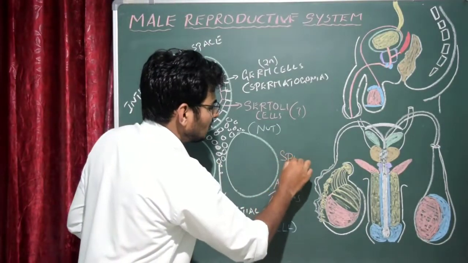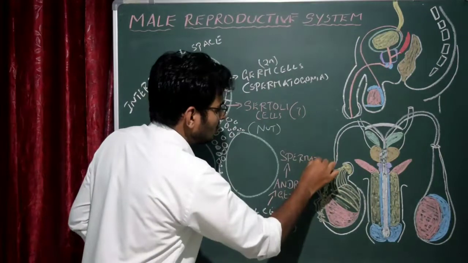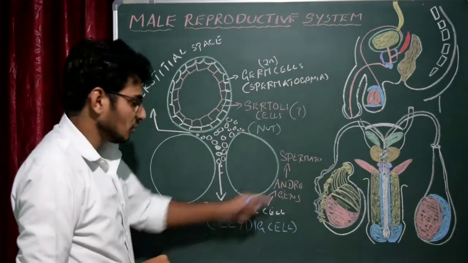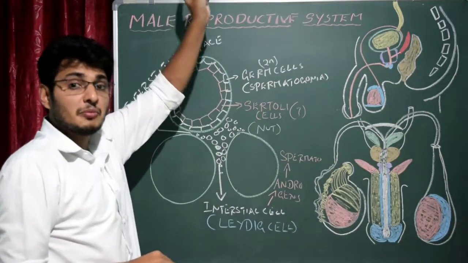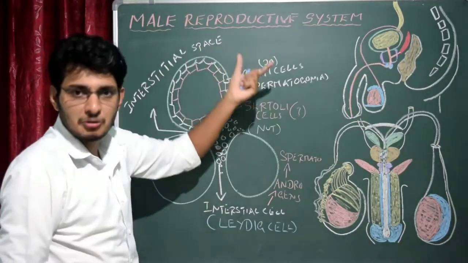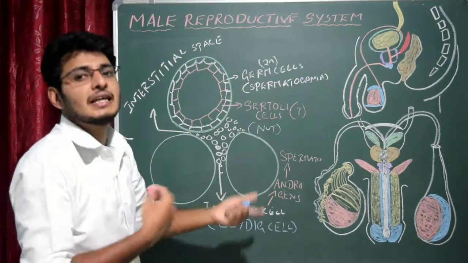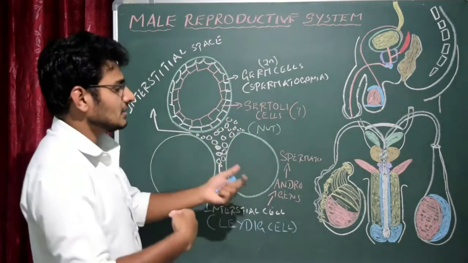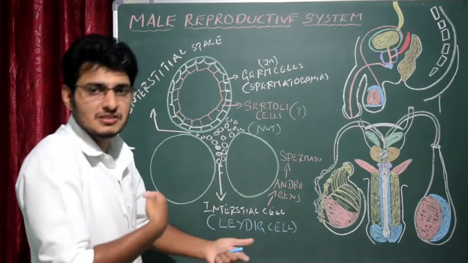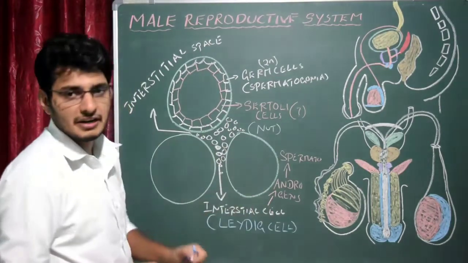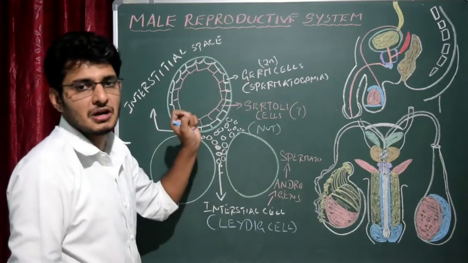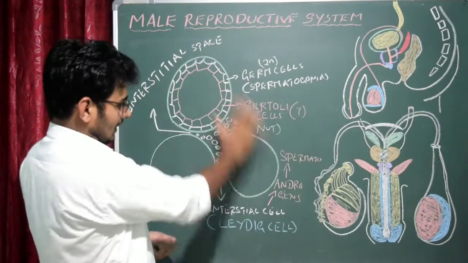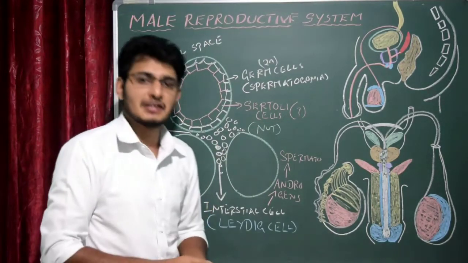For the initiation of spermatogenesis, a hormone is required, because that hormone has to send the message to your brain, the anterior pituitary, to release FSH and LH. We'll talk about it later. And as a result, spermatogenesis can occur. So that is the function of Leydig cells. Very, very important. Remember it. Now I'm going to erase this and we'll talk about accessory ducts.